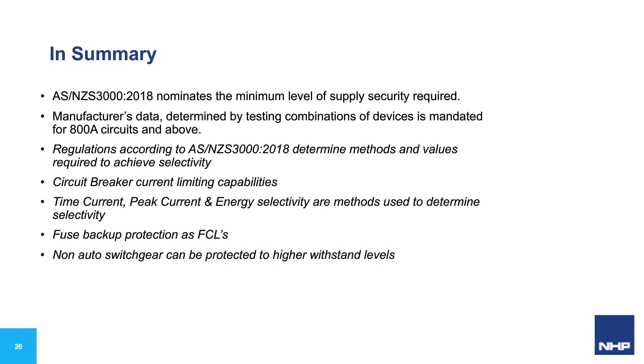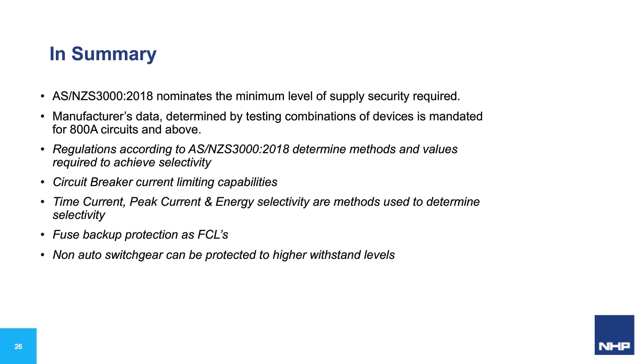We've reviewed basics of selectivity and cascading, explained in practical terms how it is achieved using moulded case circuit breakers, both thermal, magnetic and electronic, as well as miniature circuit breakers and fuses. We've covered current limiting characteristics of devices and how they behave in fault scenarios, providing backup protection.